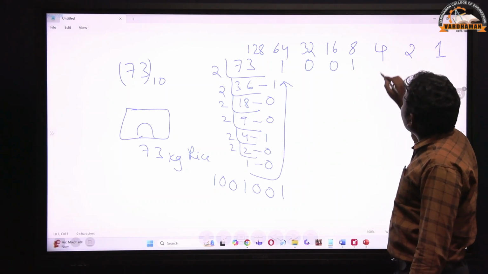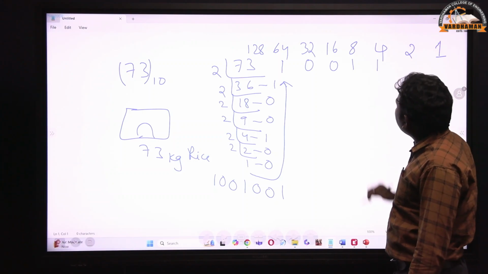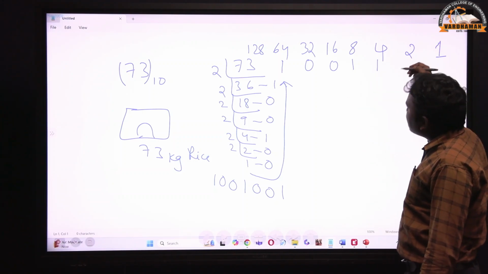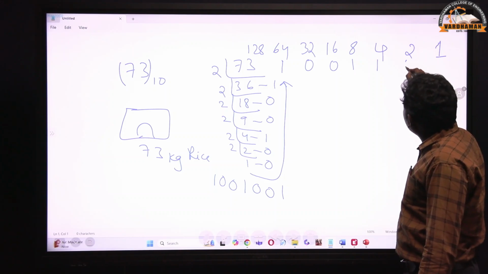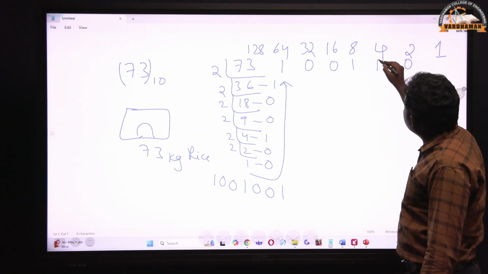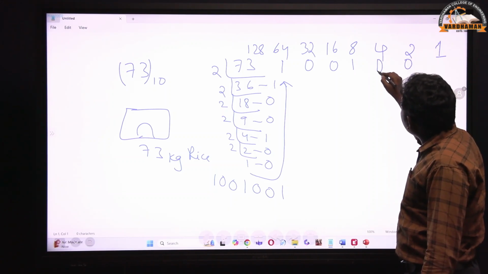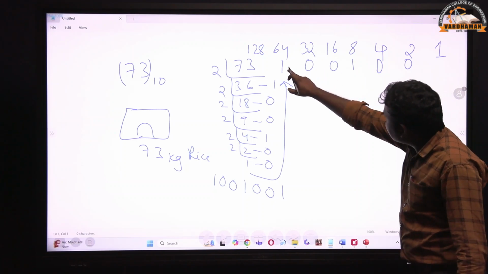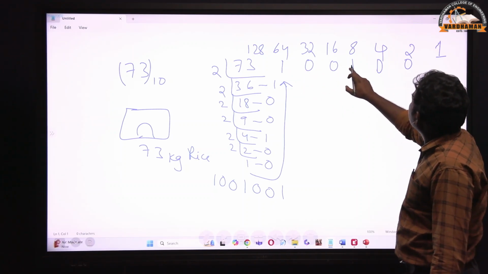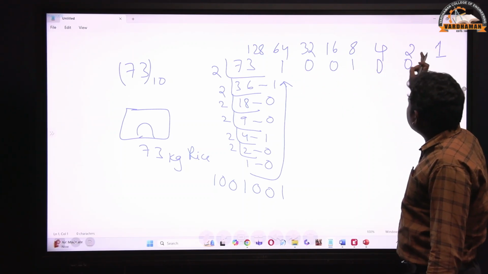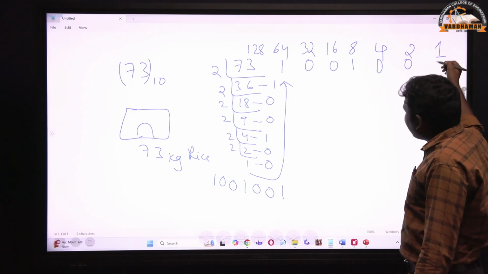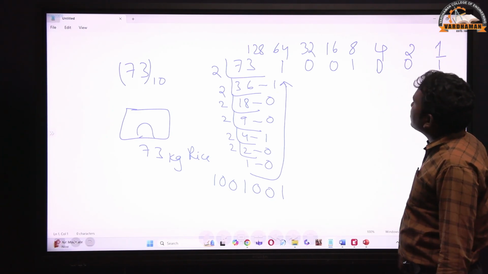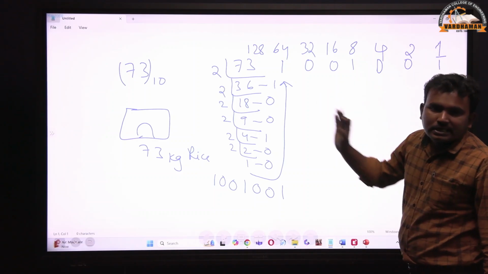Then 72 plus 4 exceeds 73, and 72 plus 2 is 74, which also exceeds 73, so both are 0. Now, 72 plus 1 is 73, so 1. That is exactly 73.